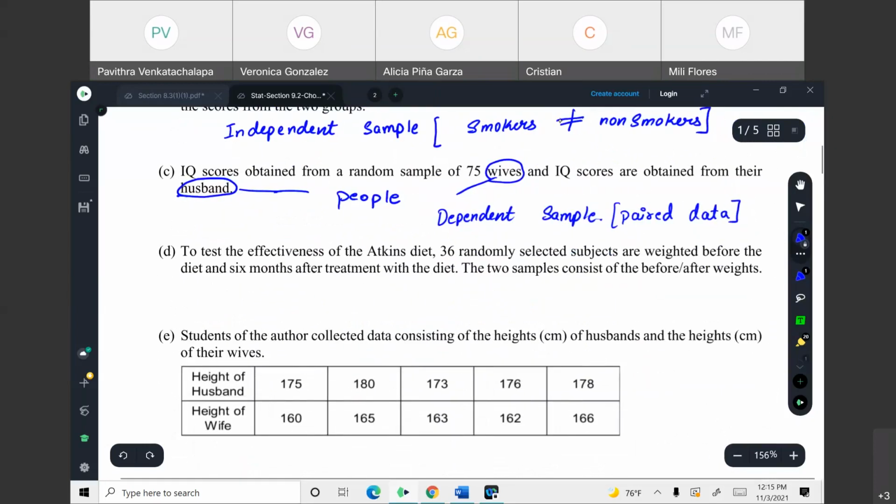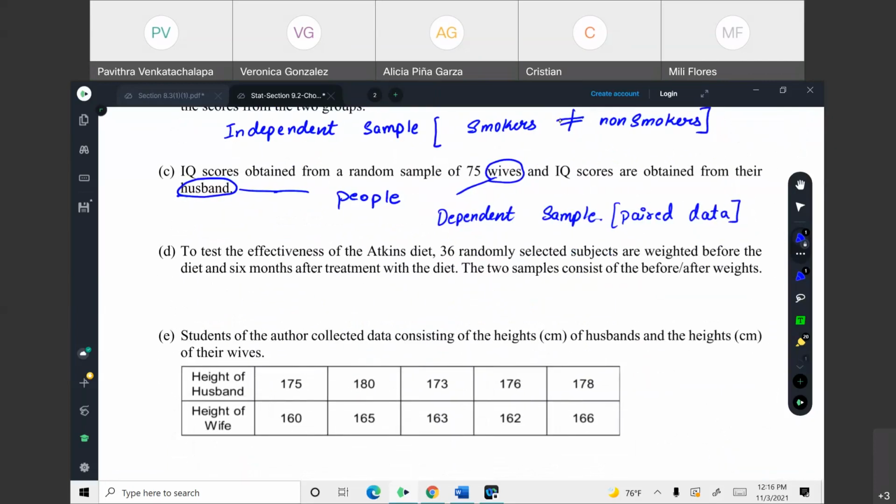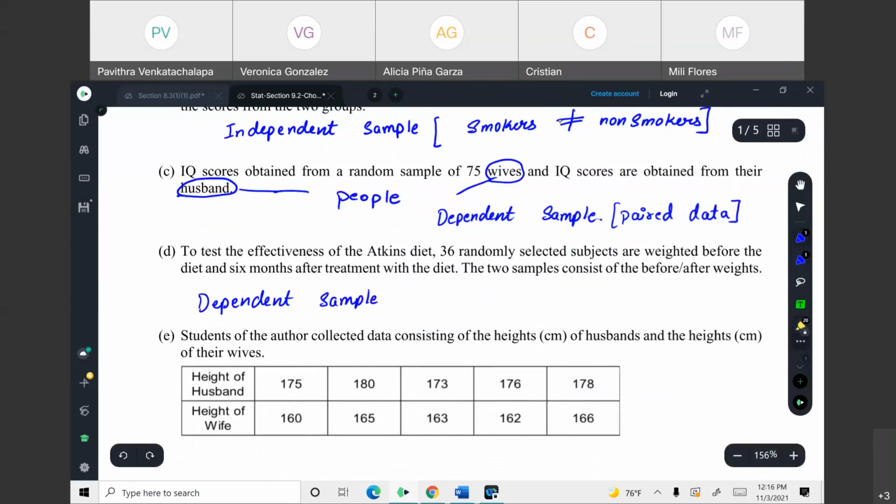What about question 6? Dependent, why? Again, it is paired data. And how can I see that? Here is the keyword.